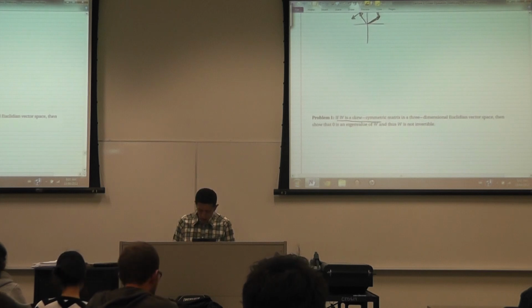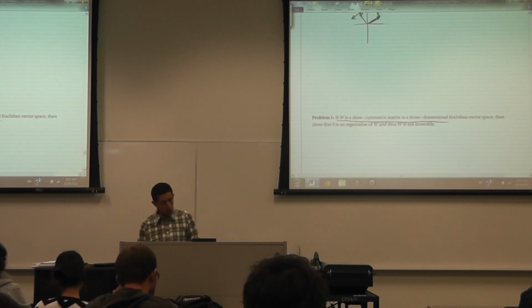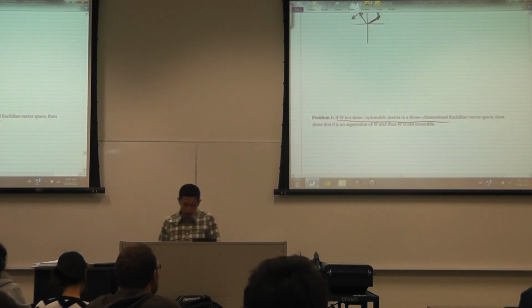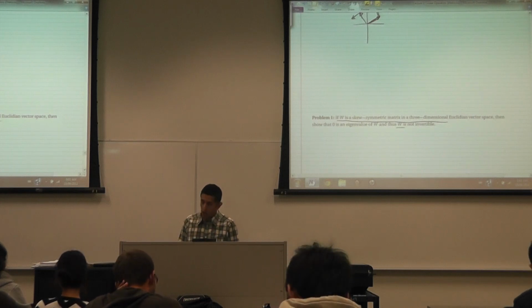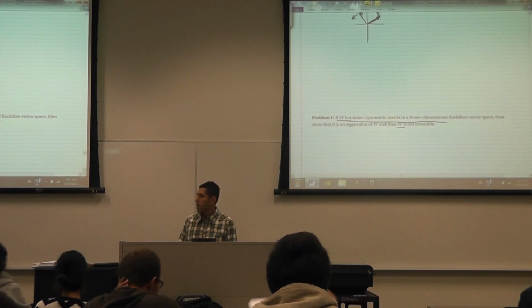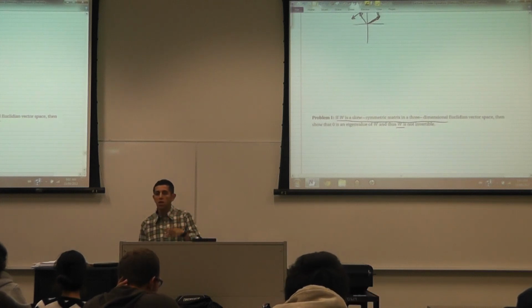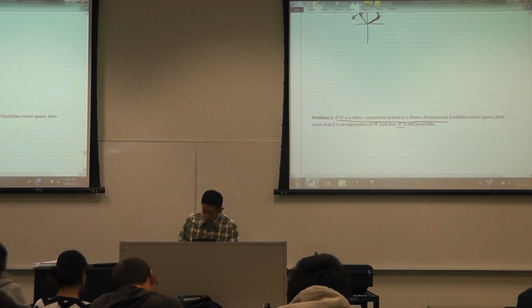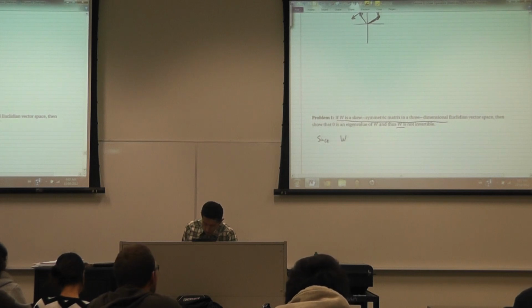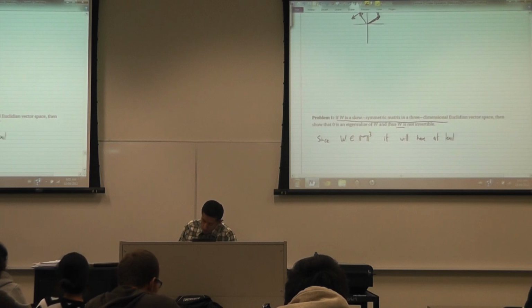If W is a skew-symmetric matrix in a 3-dimensional Euclidean vector space, then we need to show that 0 is an eigenvalue of W. And thus W is not invertible, and 0 is an eigenvalue, and the associated eigenvector is that vector that does not rotate. Since W is a 3x3 matrix, it will have at least one real eigenvalue.